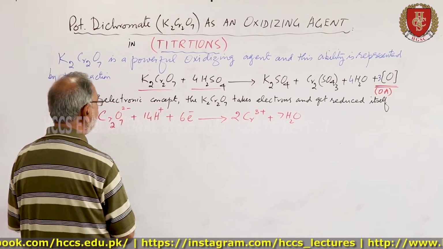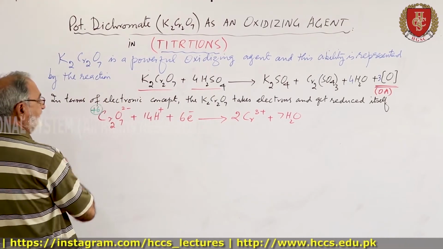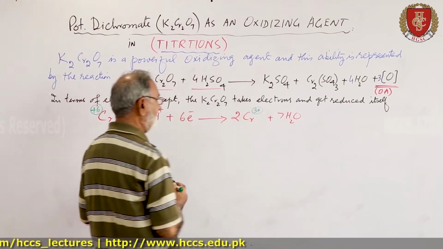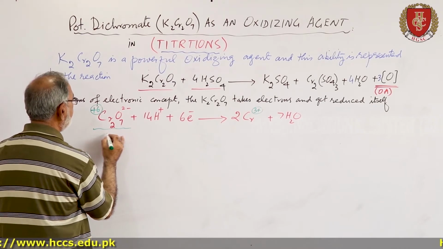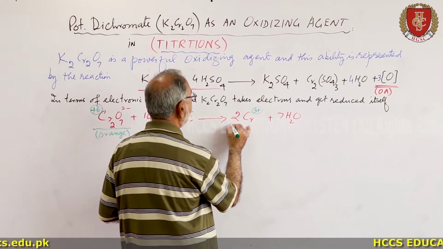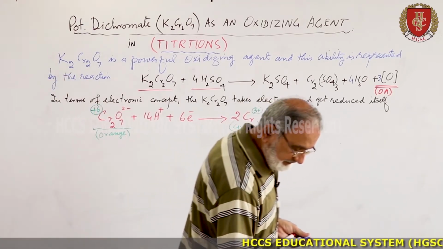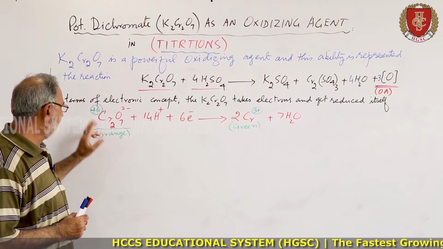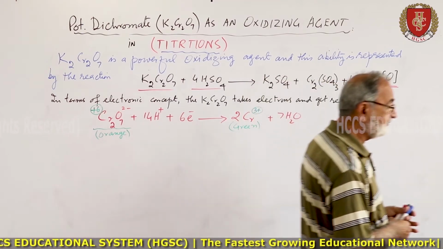Here chromium is in plus 6 oxidation state, and here it is in plus 3 oxidation state. Its color is orange and this is green. So it basically represents the change of chromium in plus 6 oxidation state into plus 3 oxidation state.